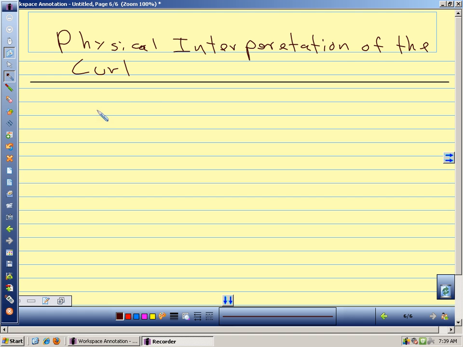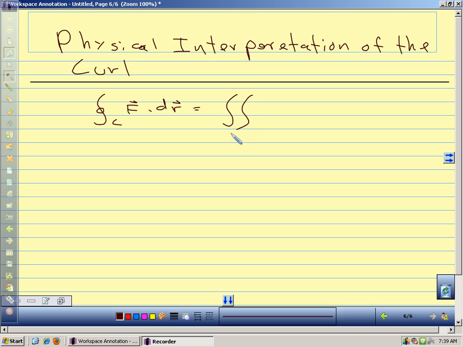So, Stokes' Theorem. Stokes' Theorem tells us that our line integral of f dot dr is the double integral over our surface of the normal component of the curl. Now we call this line integral, f dot dr, over our closed path, the circulation.